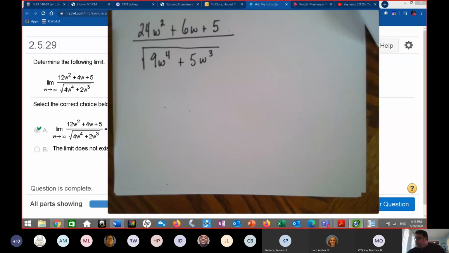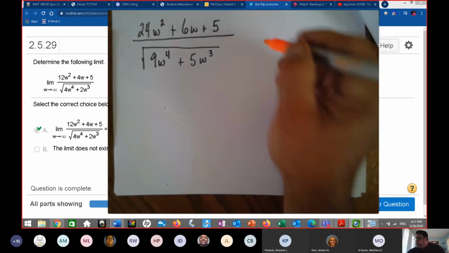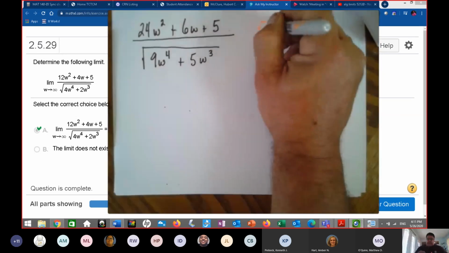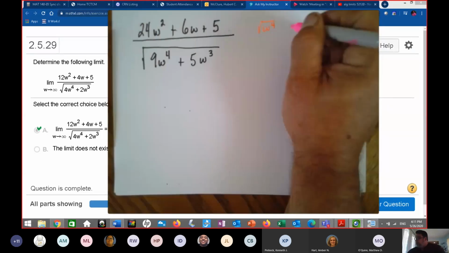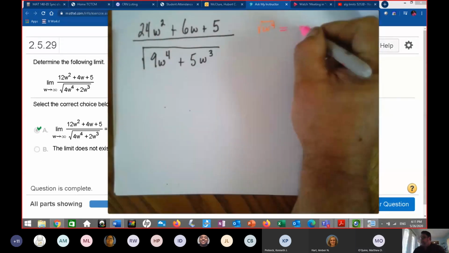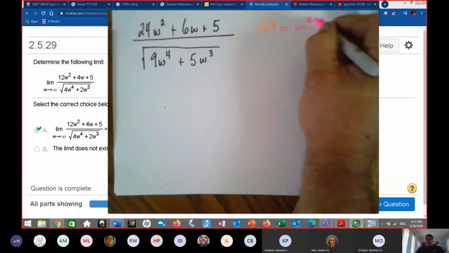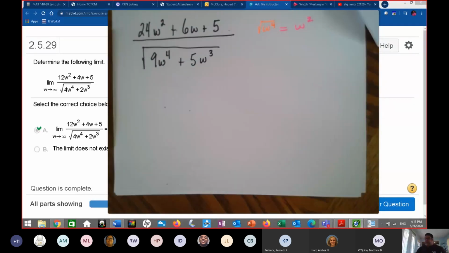So the square root of w to the 4th is equal to w what? Squared. So divide the top by w squared, divide the bottom in the radical by w to the 4th. Does anybody know why I have to use w to the 4th? Because I can't distribute w squared across the radical.